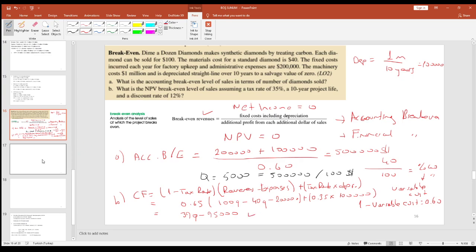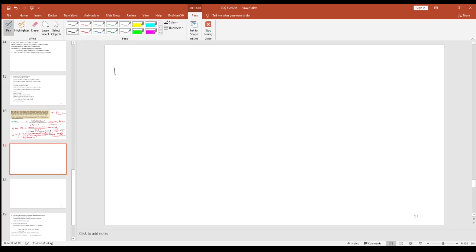So let's calculate net present value. Net present value will be equal to minus 1 million, and for 10 years we are going to receive 39Q minus $95,000 times present value annuity factors at 12% for 10 years.